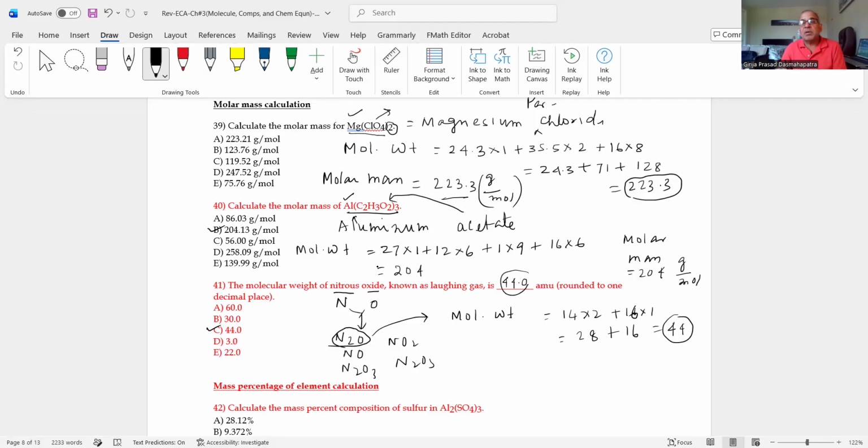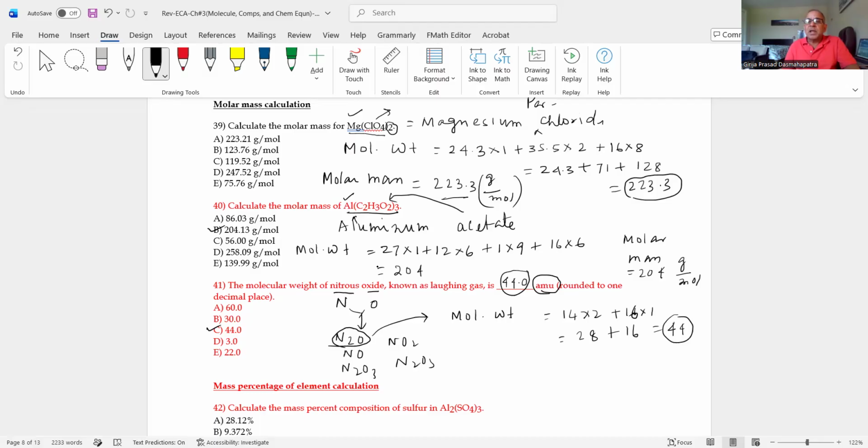Although I said the atomic weight has no unit, in case of the subatomic particles like proton and neutrons, they are measured in terms of a relative unit called AMU. Sometimes it is also appropriate to say this molecular weight can be expressed as AMU. That's a relative unit in a sense.